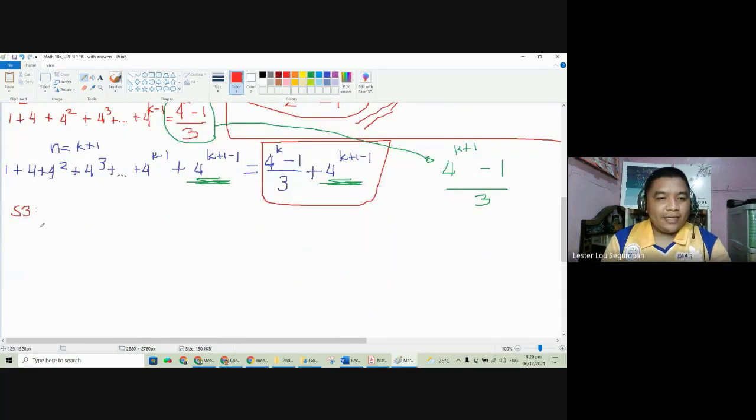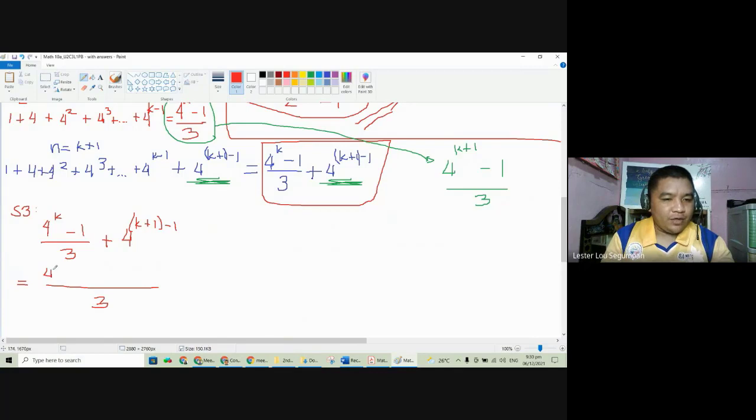So let's manipulate this. You have 4 to the power of k minus 1 all over 3 plus the expression 4 to the power of k plus 1 minus 1. By the way, it has a minus 1 in parentheses here, but nevertheless, it looks like that. So let's try to combine this first. Let's have LCD 3.